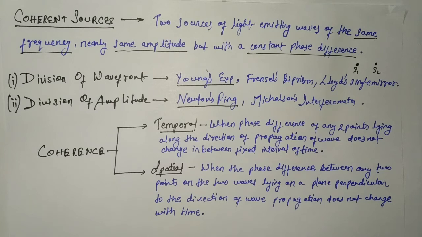For example, the phase difference between any 2 points lying on the same wavefront is 0 at all times. The wave is then said to exhibit perfect spatial coherence. So these were some important definitions for you to know from an examination point of view. Now we will straight away go to interference of light, the definitions, and Young's experiment.